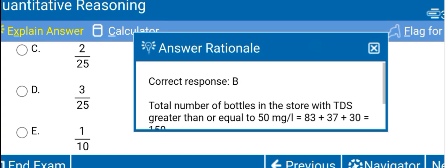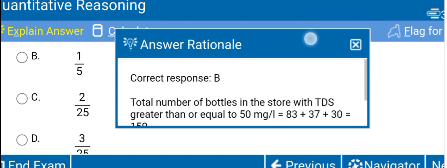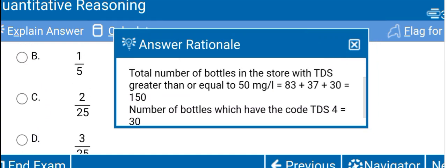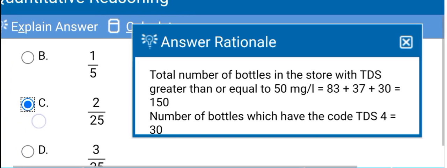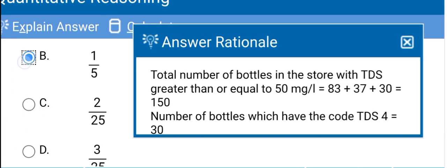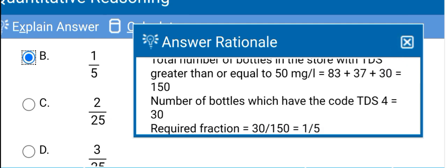So the correct option we have is option B. The total number of bottles in the store with TDS greater than or equal to 50 milligram per liter equals 83 plus 37 plus 30 equals 150. So the number of bottles which have the code TDS 4 equals 30. So the required fraction equals 30 divided by 150 equals 1 by 5.